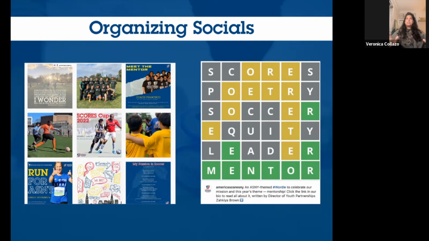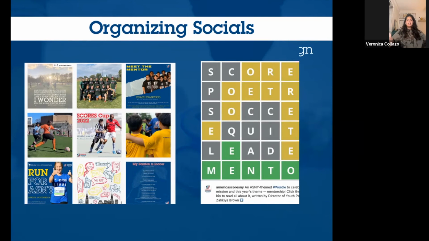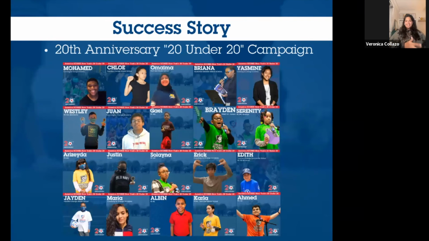And then finally, a success story. I'll brag for 2 seconds if I must. Last year, we celebrated our 20th anniversary, and we took a page out of the Forbes book because they're known for doing their 30 under 30 and their 40 under 40 and so on. So we decided to celebrate our 20th anniversary by doing a 20 under 20 campaign.